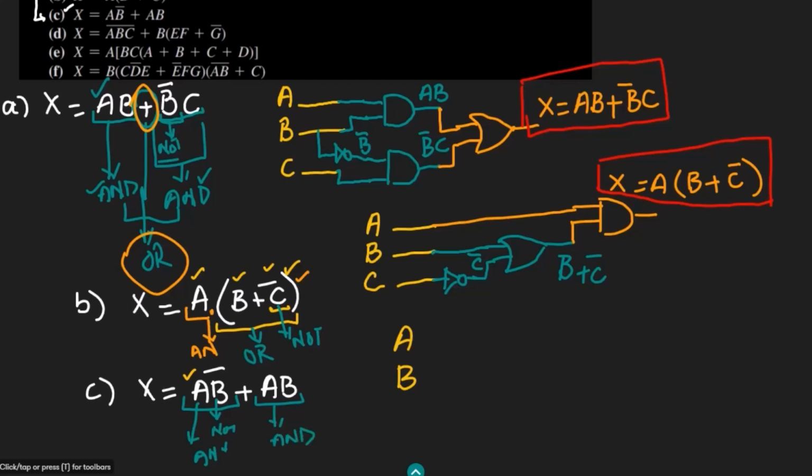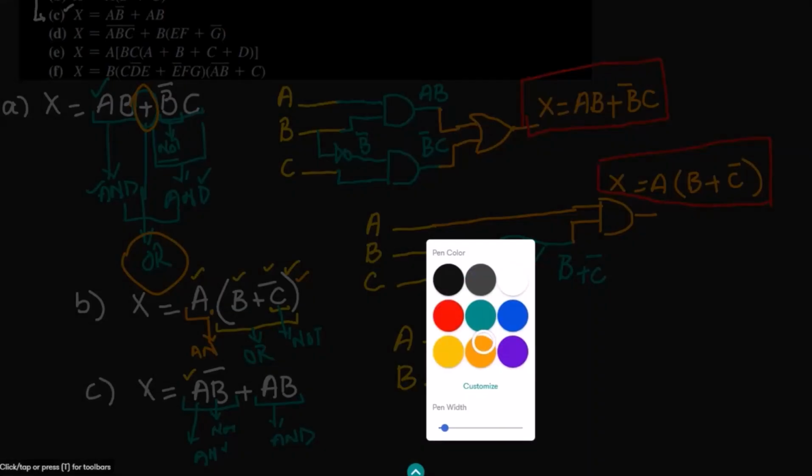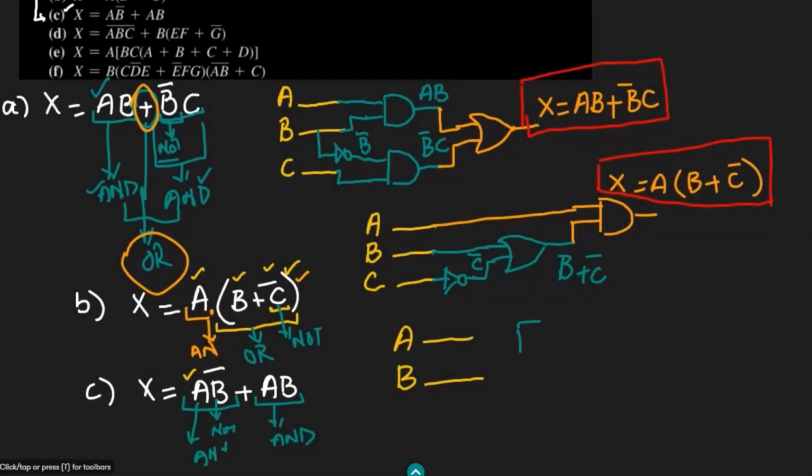So let me use this line for it, and first of all let me have this AND gate. This will be AB, and with it I have to use another AND gate, and to it the inputs will be A and B complement. For A it will be A, and for B I will have the inverter, and here I will get B complement, and therefore I will have AB complement.